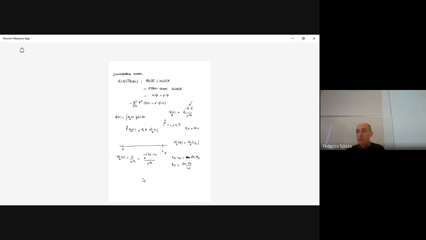What you find here for kx is equal to what you find for ky and kz. So at the end, the k vector of the electron is equal to 2 pi nx divided by Lx, 2 pi ny divided by Ly, and 2 pi nz divided by Lz.